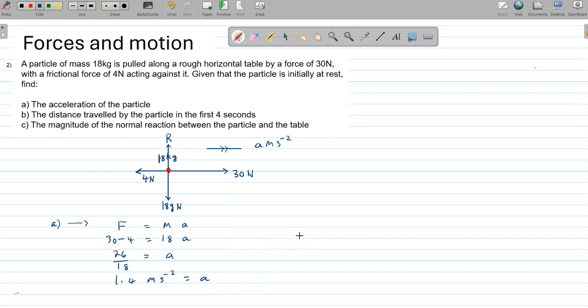Let us move on to part B. So the distance traveled by the particle in the first 4 seconds. So the distance S, that's what we want to find. But from SUVAT, we can deduce which formula to use.